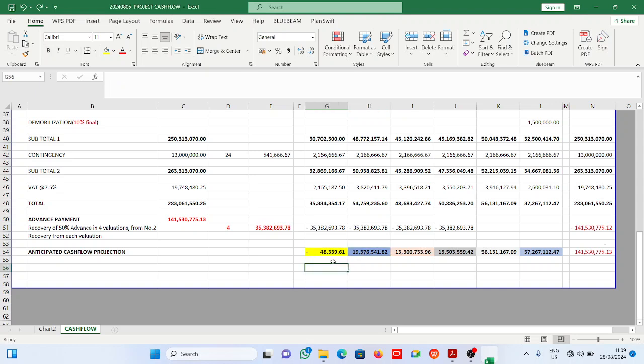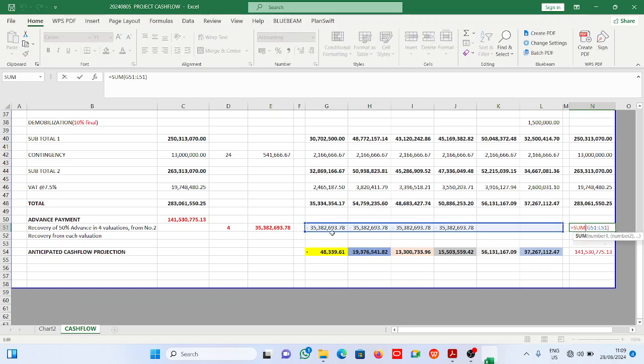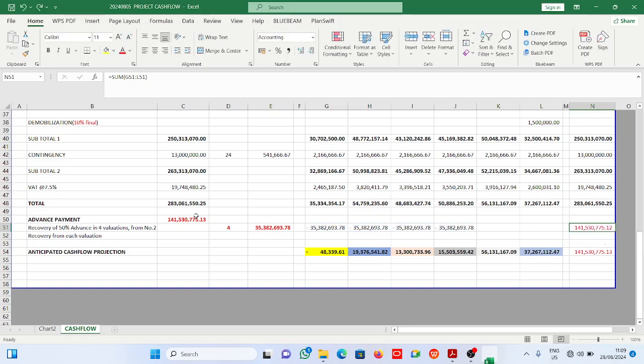For a contractor, advance payment is valuation number 1. Then for the contractor, valuation number 1 is the one for which he worked, the first payment for which he worked. So that is why we are starting our amortization from here. Now you see, it must be equal. It always must be equal. 141,530.